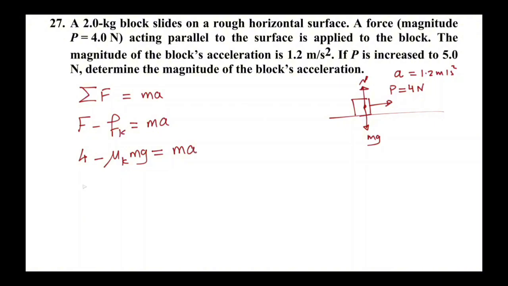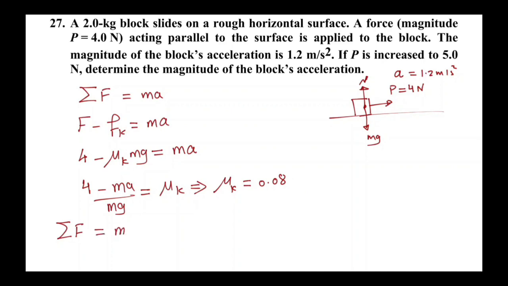Now you just simplify this equation. 4 minus ma divided by mg, this is mu k, and you substitute numbers. Mu k in this case equal to 0.08.